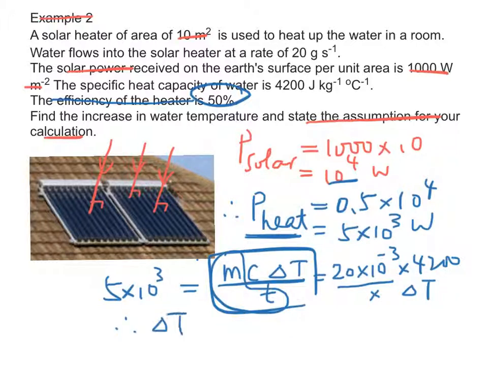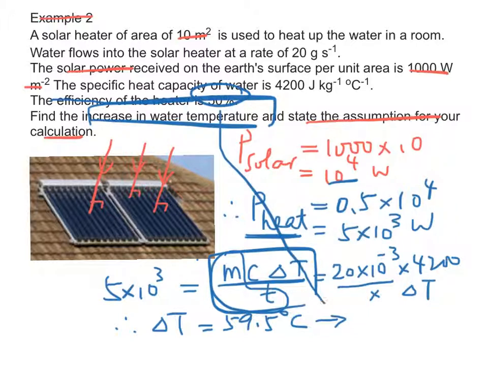Therefore, delta T equal to 59.5 degrees Celsius, implying the increase in water temperature equal to 59.5 degrees Celsius.